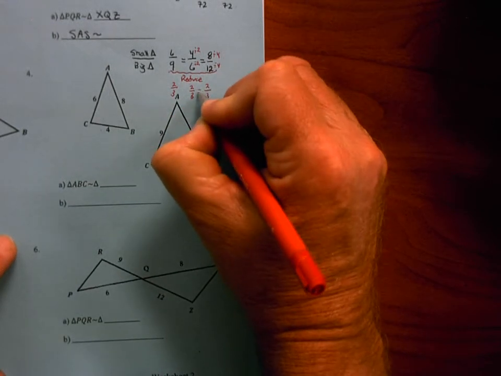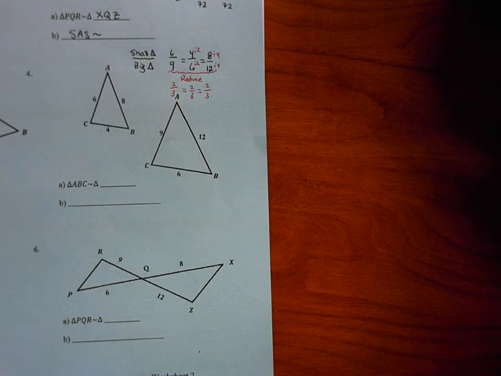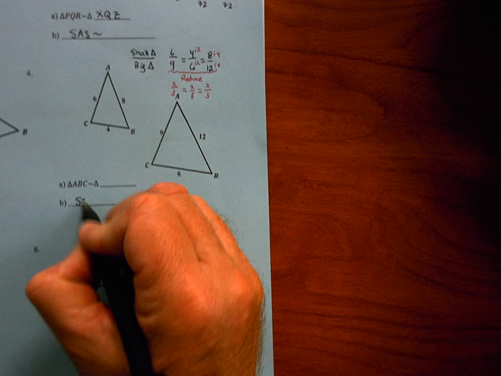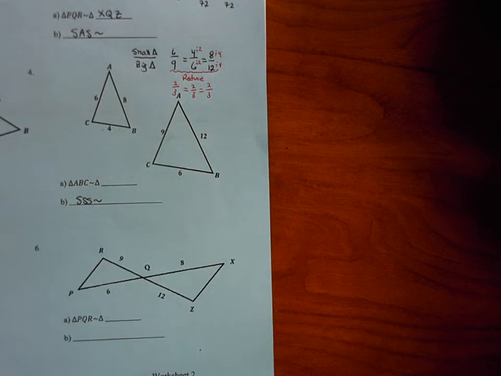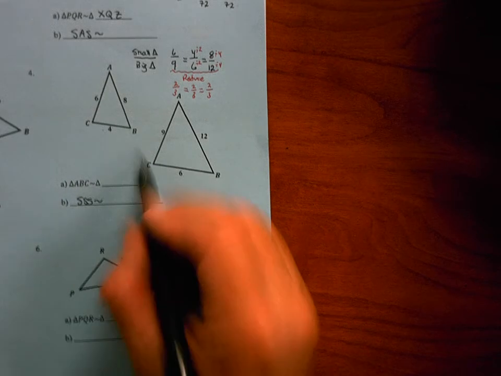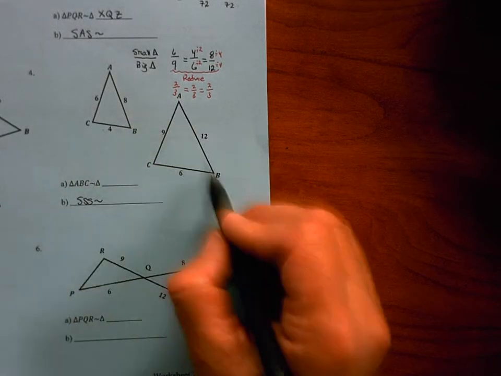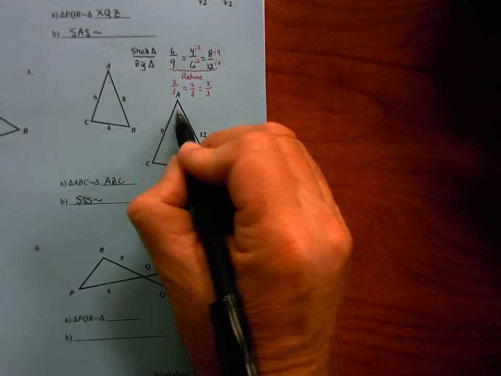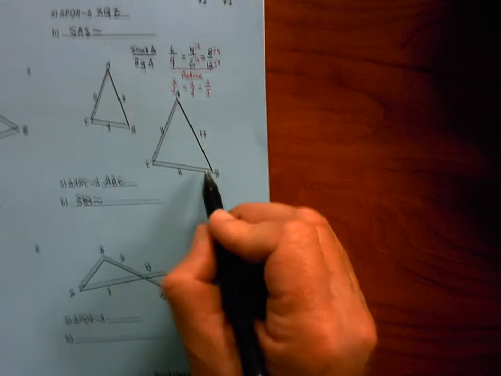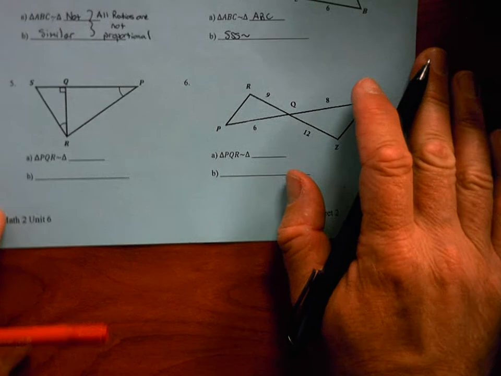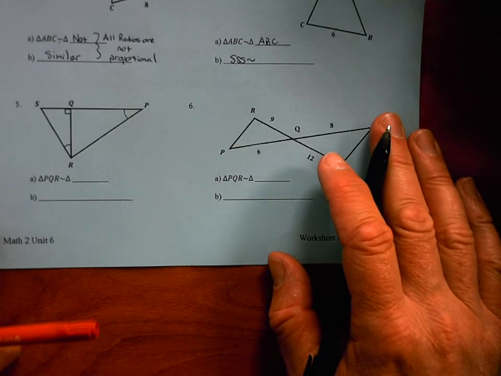So notice they're all equal, so that means that these two triangles are similar because of the side, side, side similarity rule. Then I'm going to complete the statement. So triangle ABC is similar to triangle ABC. That A matches up with that A, that B matches up with that B, that C matches up with that C.